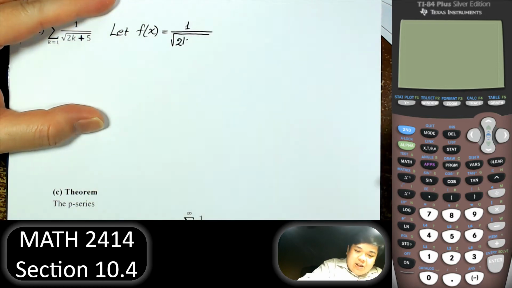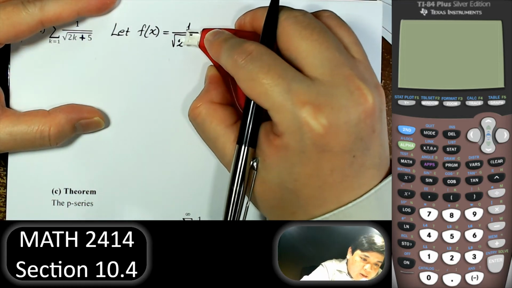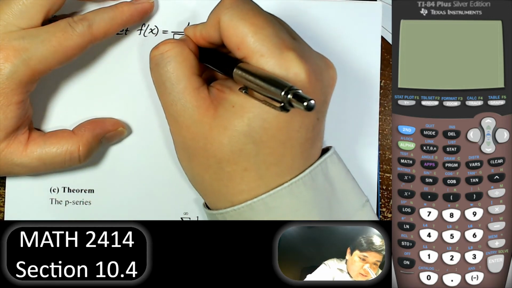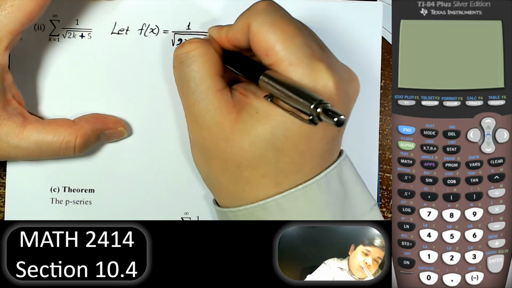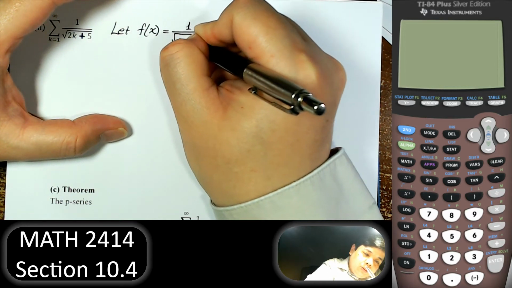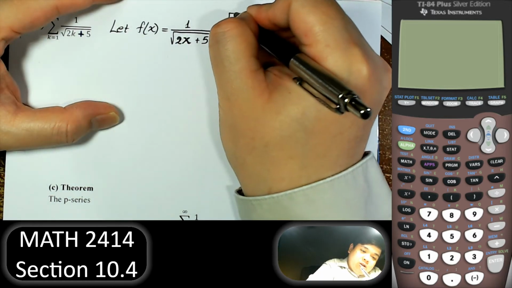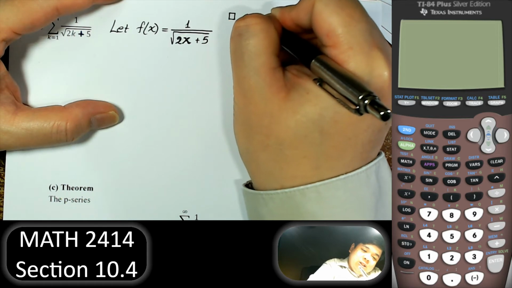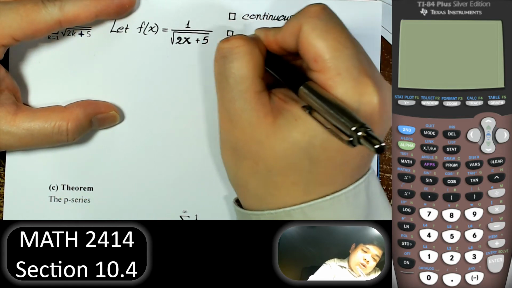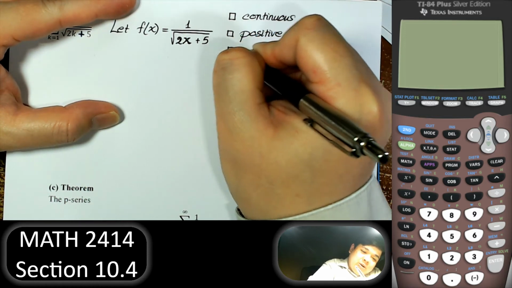Let's use x here. And we do 3 boxes. Is this continuous? Is that positive? And is that increasing?